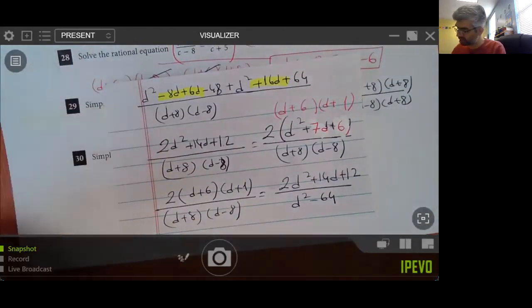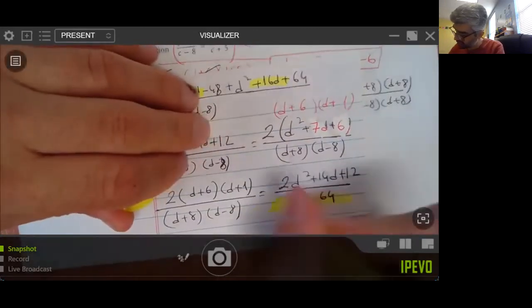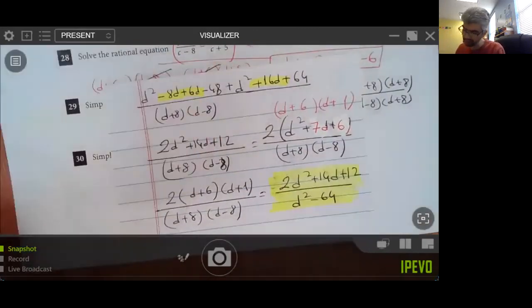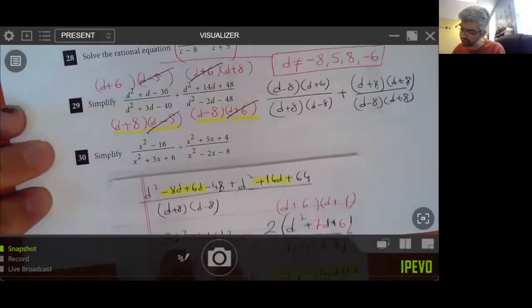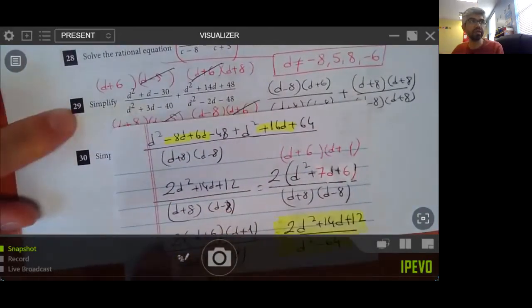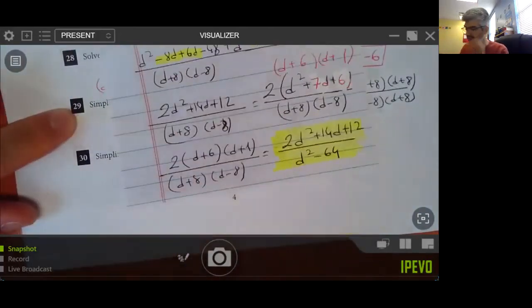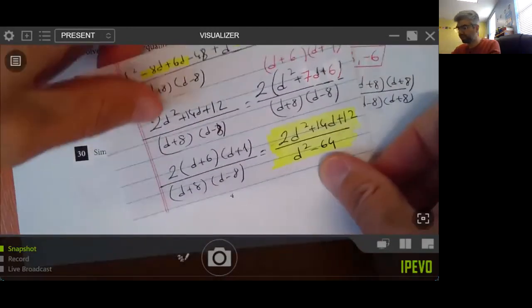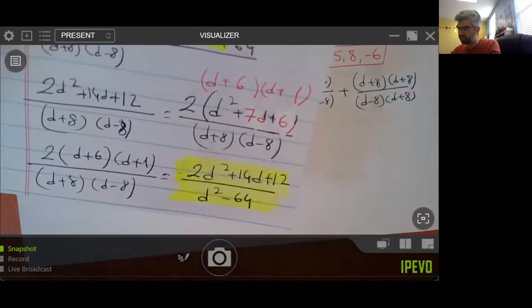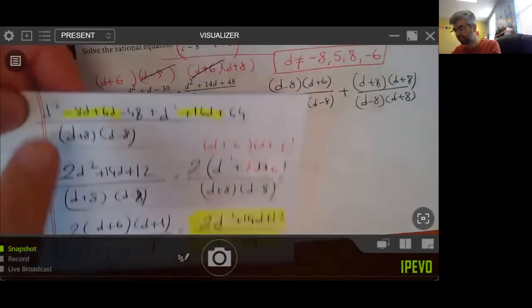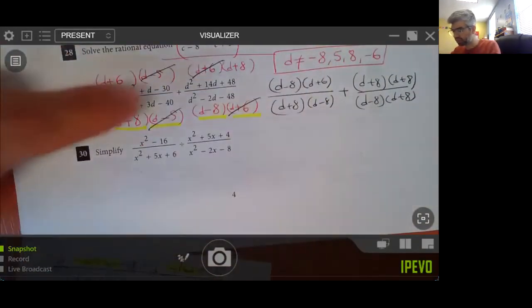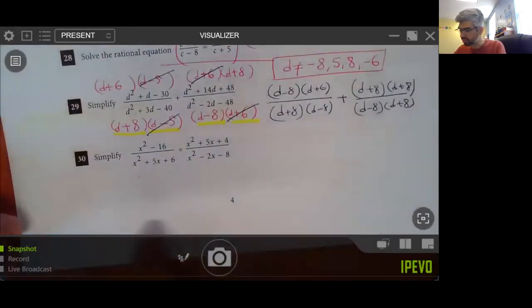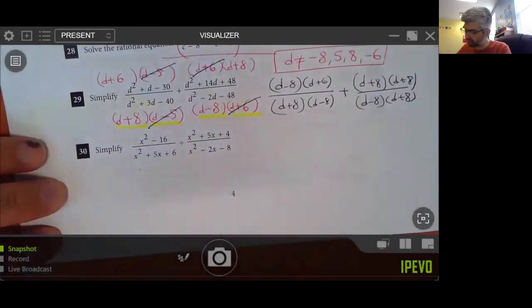So what did we do, addition or subtraction? Addition. It's number 29, the result of number 29. Most probably this is a free response question. You should be careful when combining and when simplifying. And guys, here we have to simplify.